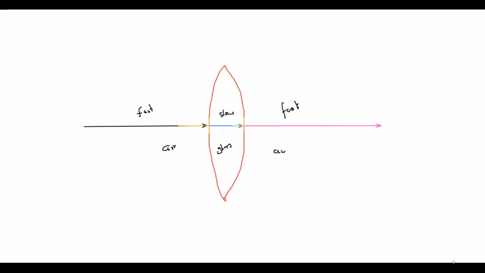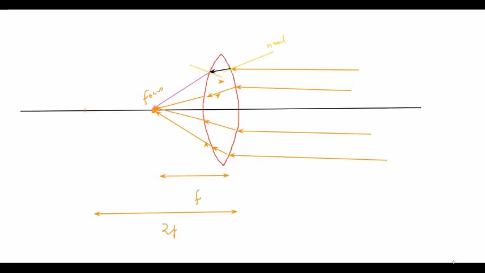Now, what we observe are three types of deviation, how light moves through a convex lens.